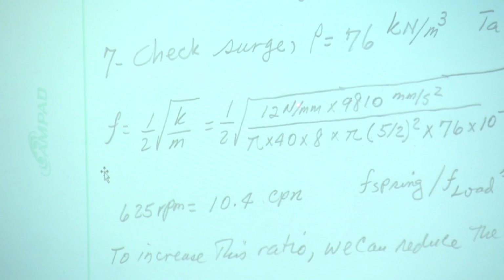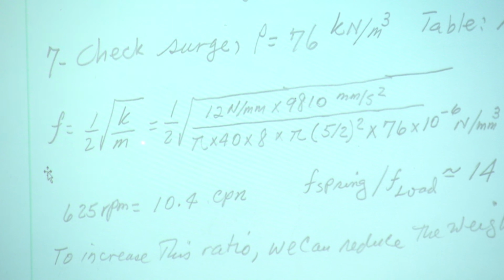So that's K. The mass M, I actually write it as W divided by g. That's g in the metric system, but in millimeters per second squared rather than in meters per second squared.